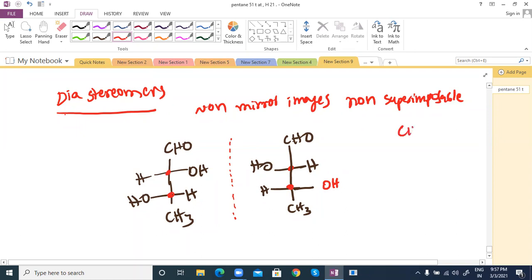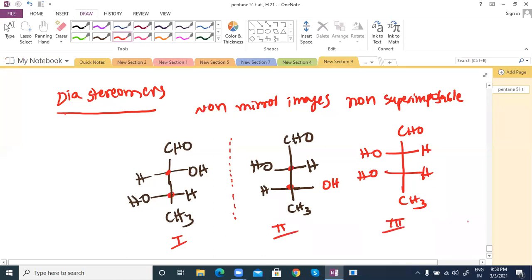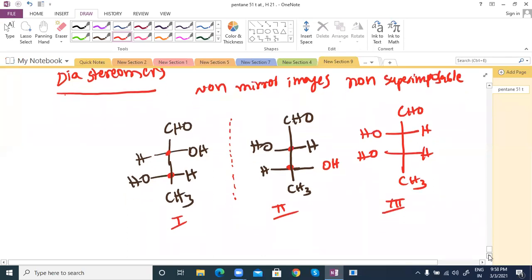Now I am giving another one. I am giving one, two, three. One and two are mirror images.